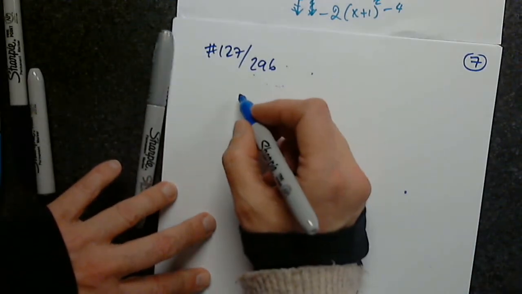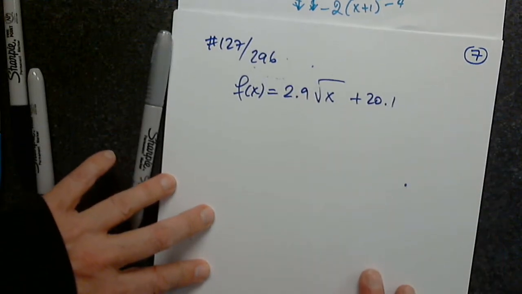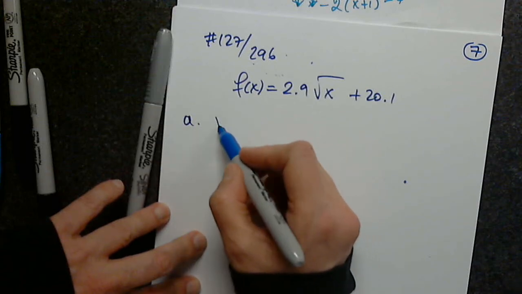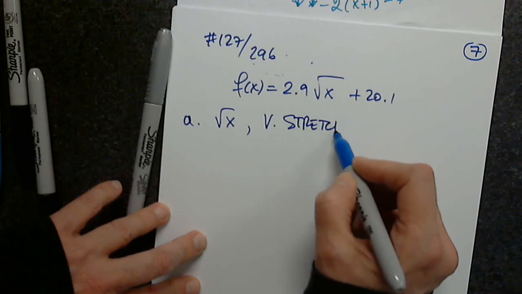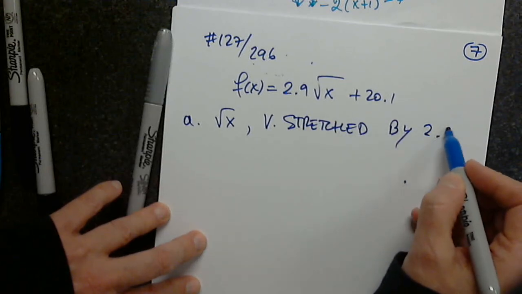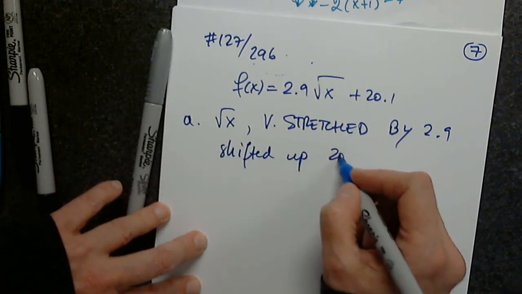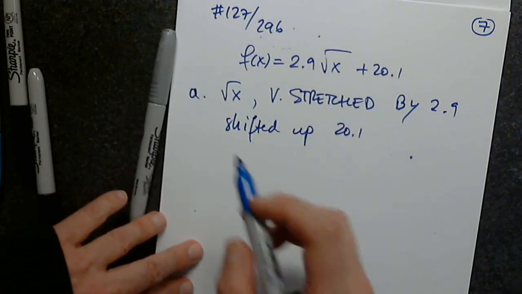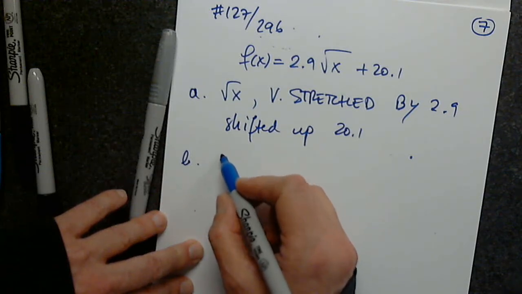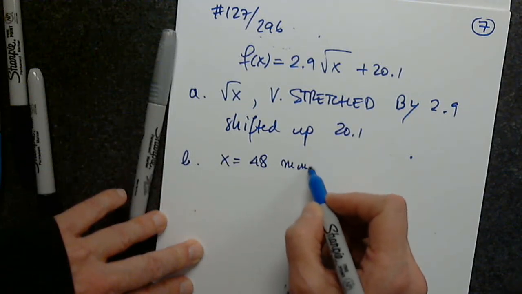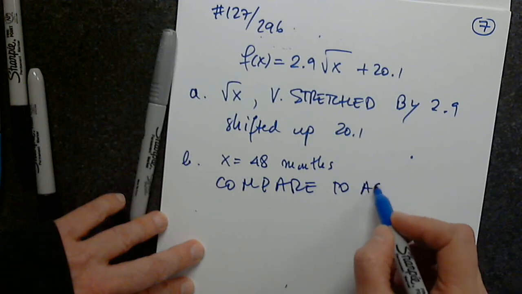So here it is. We are given the function f of x equals 2.9 square root of x plus 20.1. We decomposed it and we said in part A, it's the square root of x, vertically stretched by 2.9 and shifted up 20.1. Part B, they're asking us to find what happens when x equals 48 months, and then compare to actual.